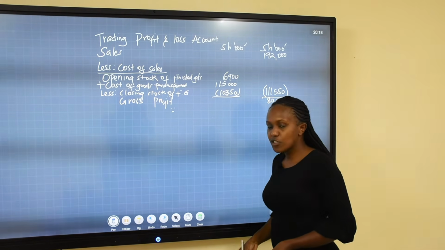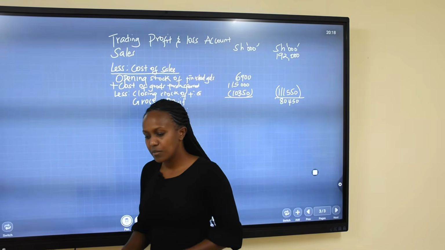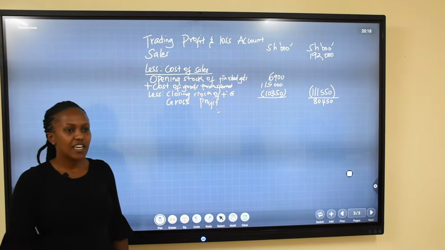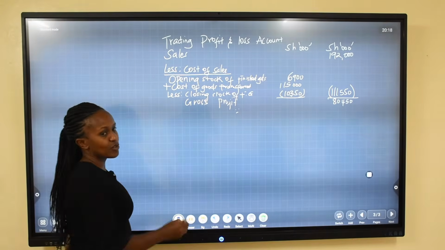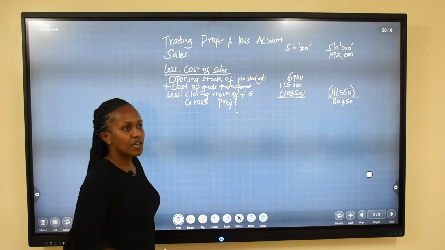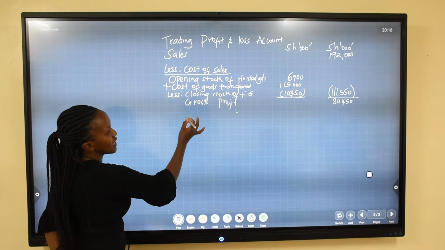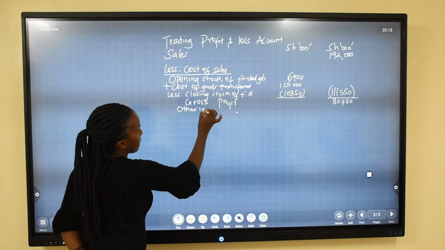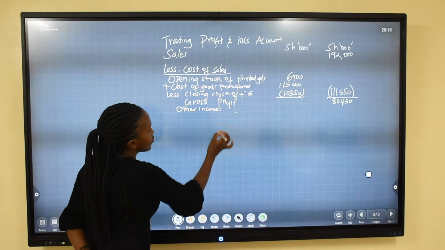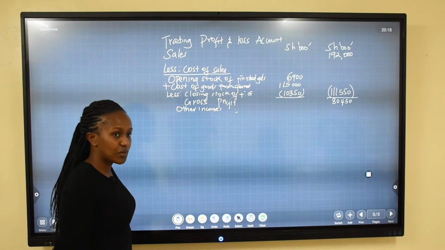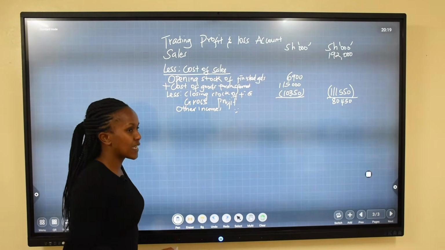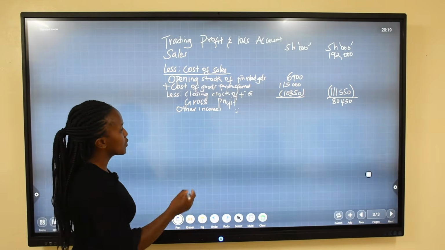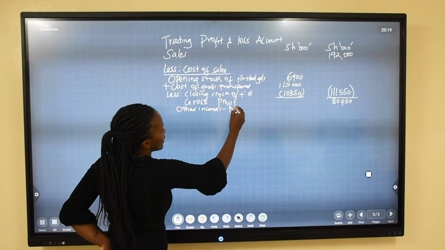Now, one of the issues that we have to note that is unique in the manufacturing statement is that among the other incomes that we usually bring here, one of our other incomes is manufacturing profit. We would look for discount received, decrease in provision of doubtful debts, but in our case these are not there. But we have manufacturing profit.